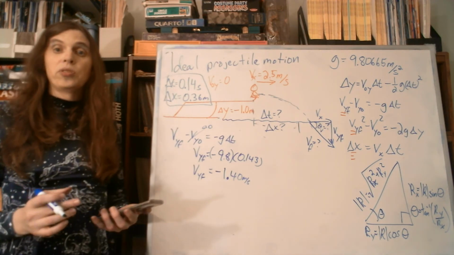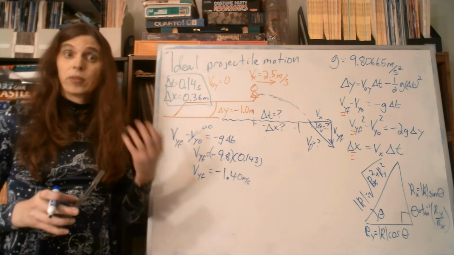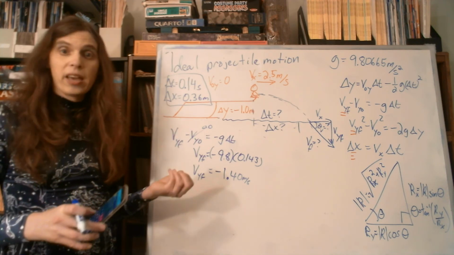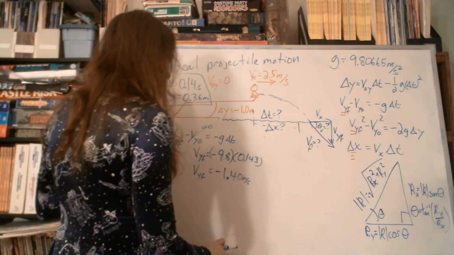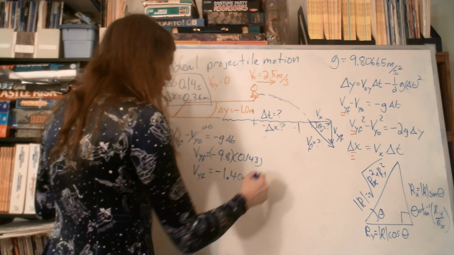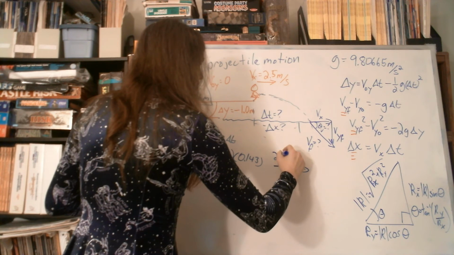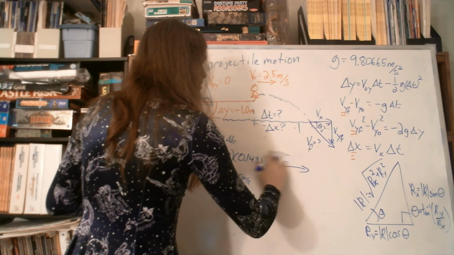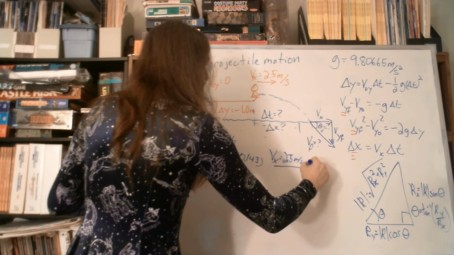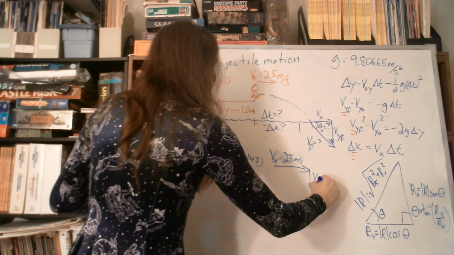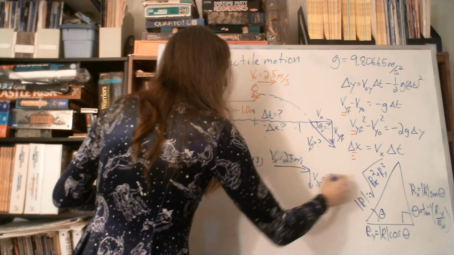And now we have to play with our triangle to figure out the overall speed and the angle. So let's do that. In our triangle, we have Vx is 2.5 meters per second. Vy final is negative 1.4 meters per second.